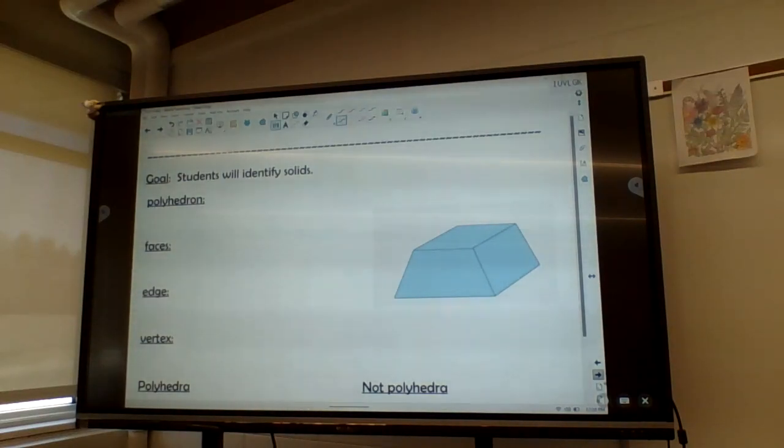A polyhedron is basically a 3-dimensional shape. The more technical definition is it's a solid that's bounded by polygons.